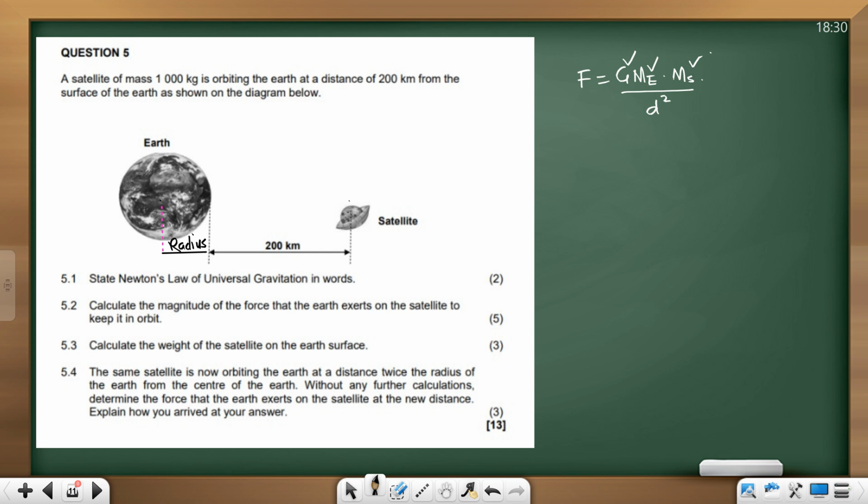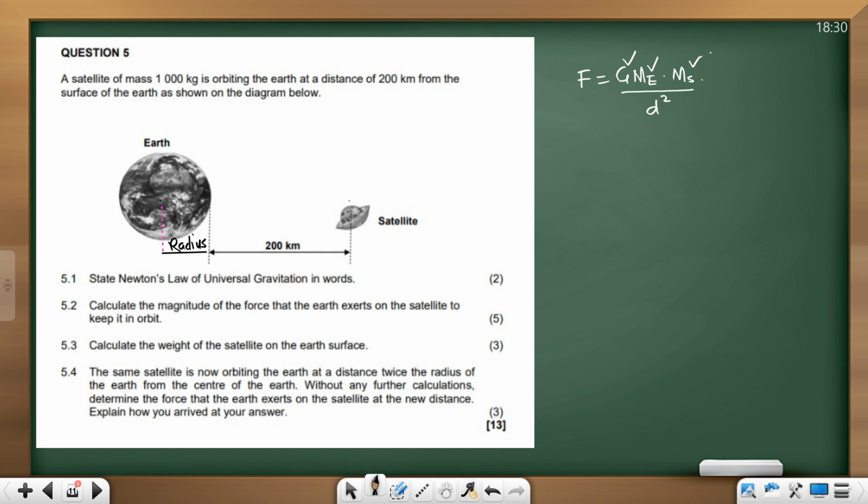That's where the examiner wants to get you. If you check your formula page, you'd find the radius of the Earth as a constant. I'll leave you to do that, but you must add that radius of the Earth.